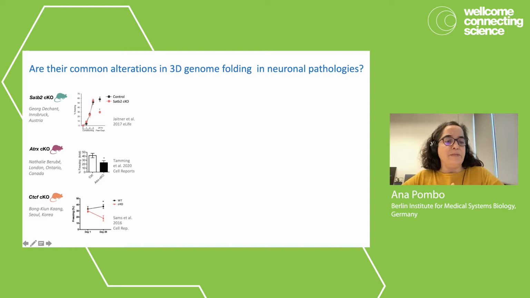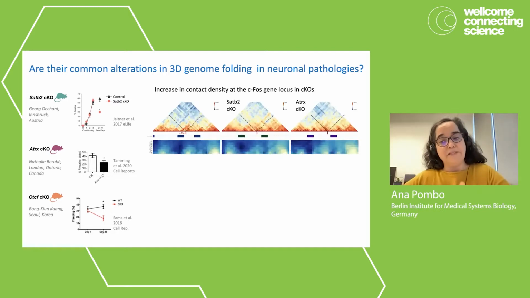These knockouts commonly have the learning disability, but they also have different phenotypes, as you know. And in looking for the chromatin contacts, we're really interested in understanding whether there are some common pathways occurring and what they are.